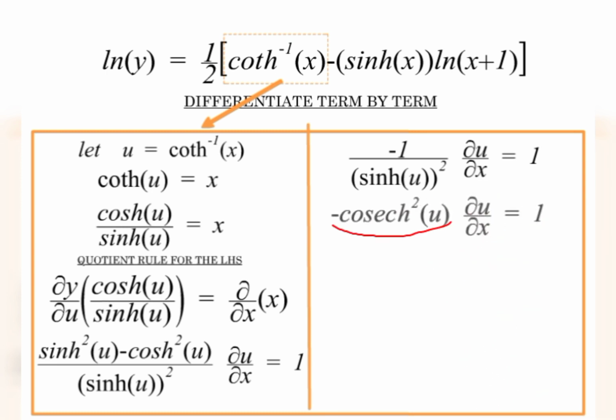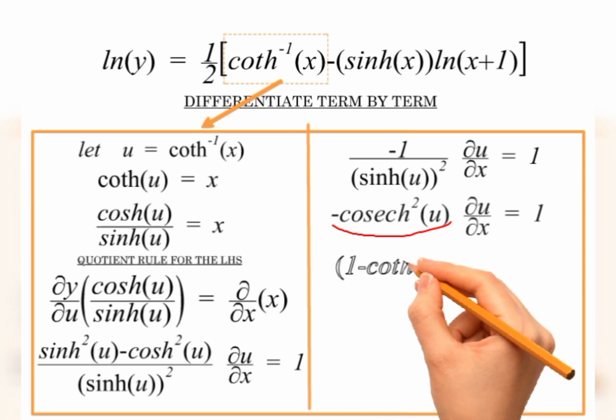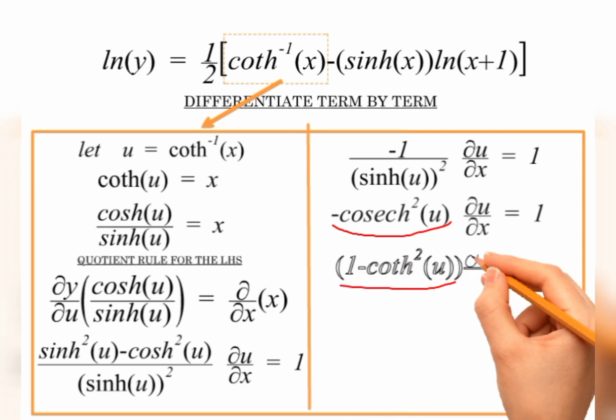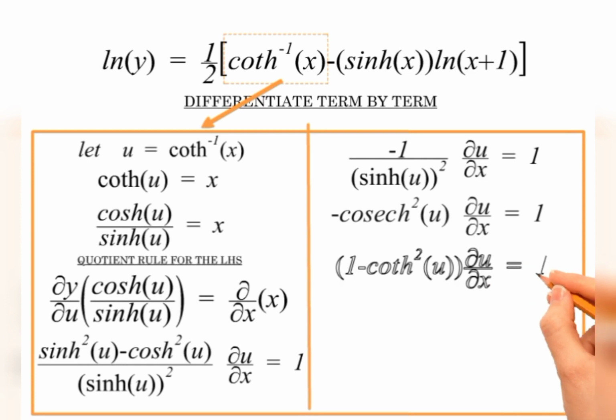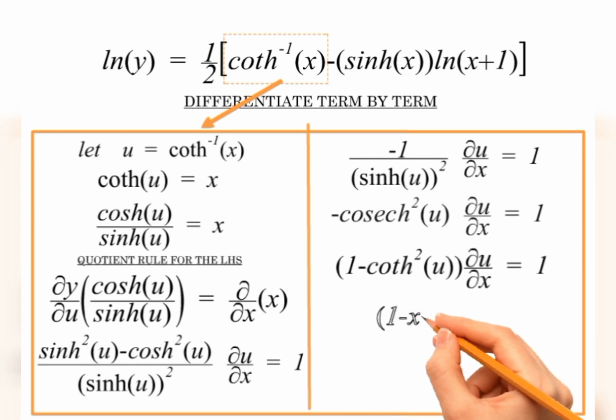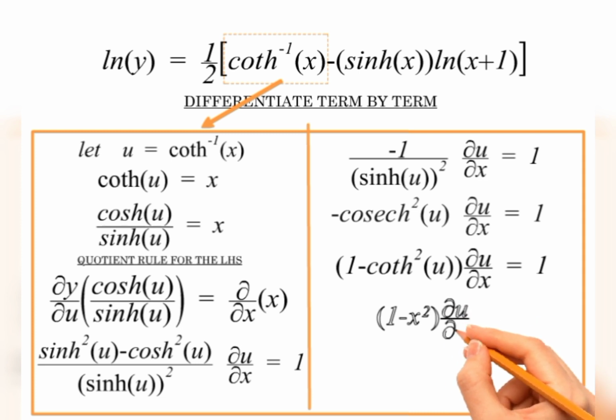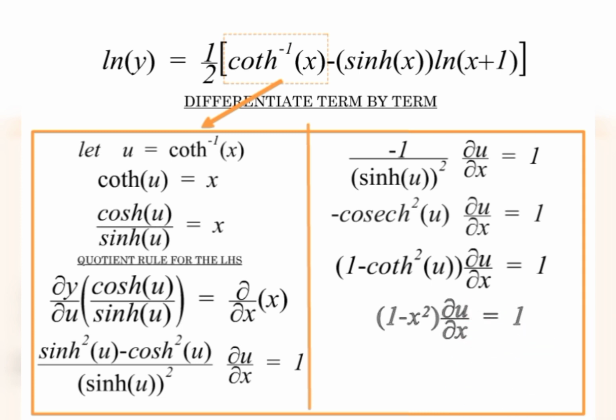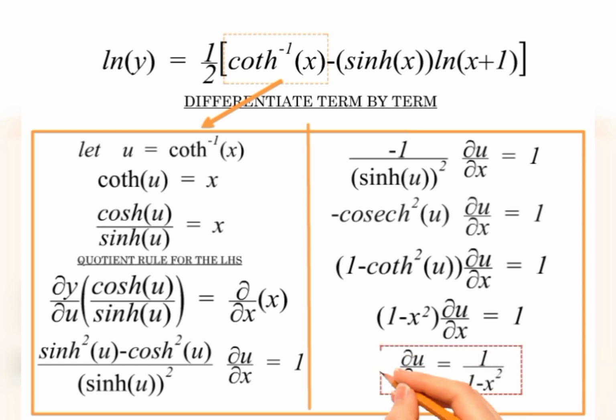The second identity helps to convert our result here to a function of cot squared u, so that we can return our substitute. So, we replace cot u with x. Then we make du over dx the subject of the formula. Then we have du over dx equal to minus 1 over 1 plus x squared. So, the derivative of arccot of x is equal to minus 1 over 1 plus x squared.